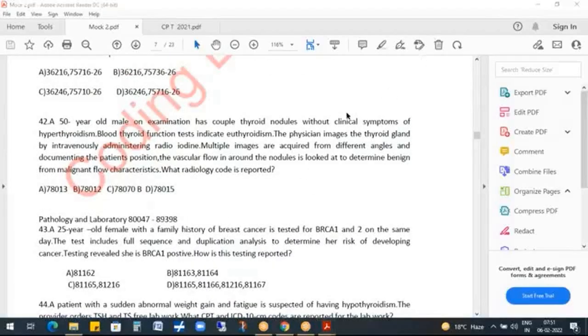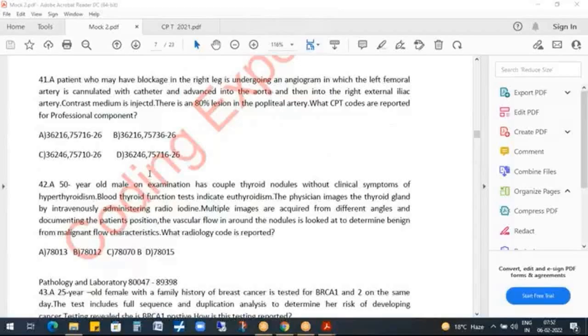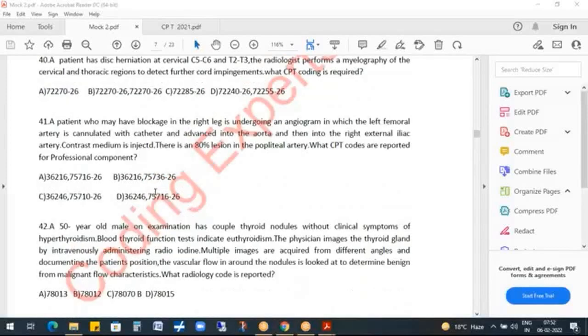Sir, in 41 we need to consider it as bilateral. Yes, left femoral and right iliac. See why bilateral here? To understand the 70 series, you want bilateral. In answer C, 75710 is unilateral and 75716 is bilateral.